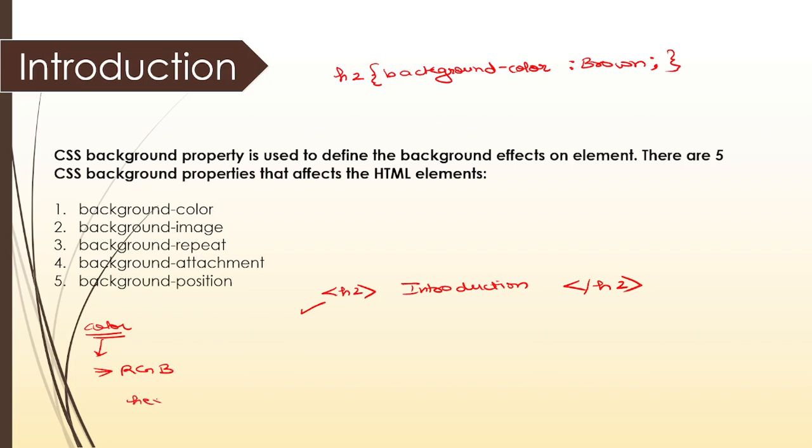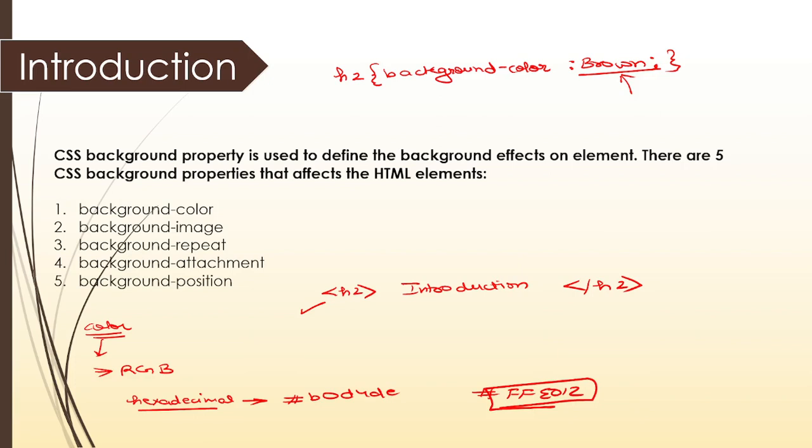And one important point we have discussed is hexadecimal values. If you remember, we use hexadecimal numbers like hash B0D4DE, or hash FFE012. You can make a combination of any letters and numbers here. So this is how you can give values to set a particular color as your background, right?